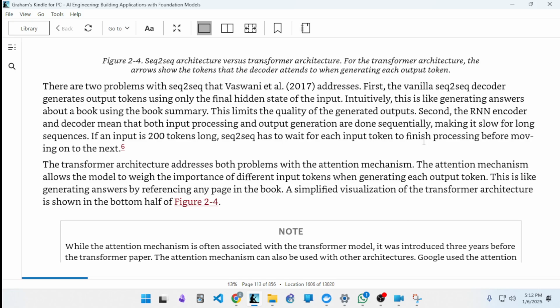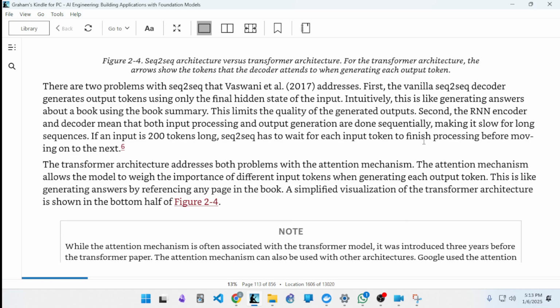The attention mechanism allows the model to weigh the importance of different input tokens when generating each output token. This is like generating answers by referencing any page in the book. A simplified visualization of the transformer architecture is shown in the bottom half of Figure 2-4.